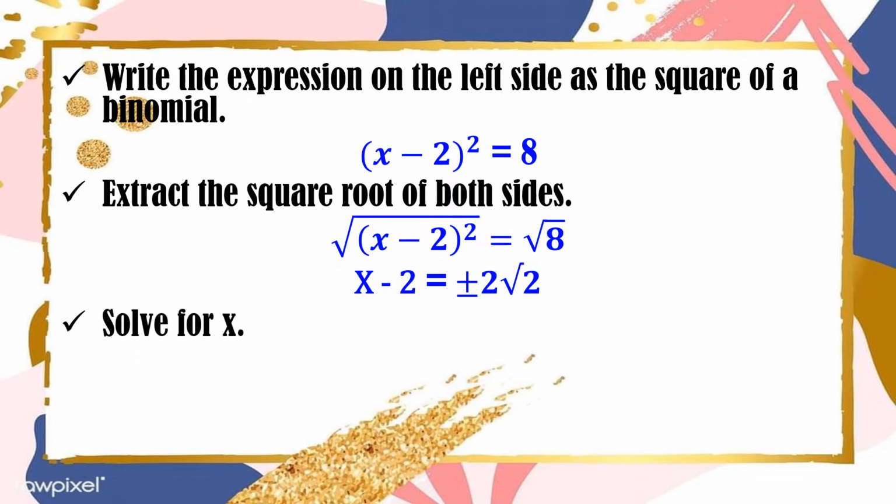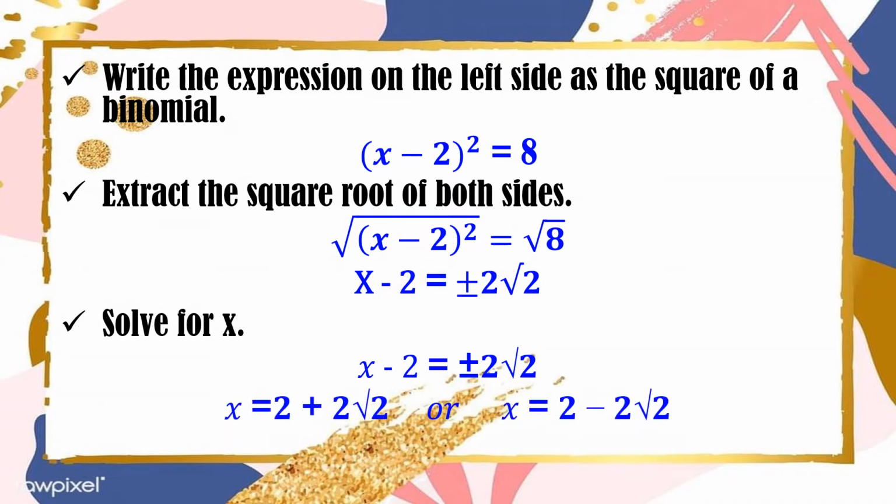And lastly, we're going to solve for x. So x minus 2 equals positive or negative 2 square root of 2 will become x equals 2 plus 2 square root of 2, or x equals 2 minus 2 square root of 2.